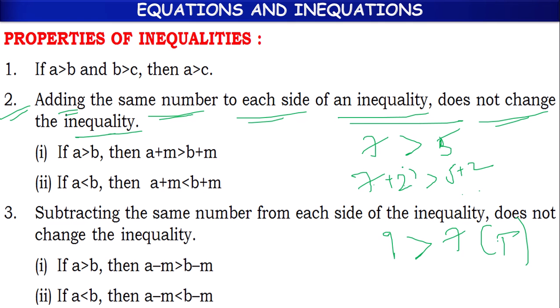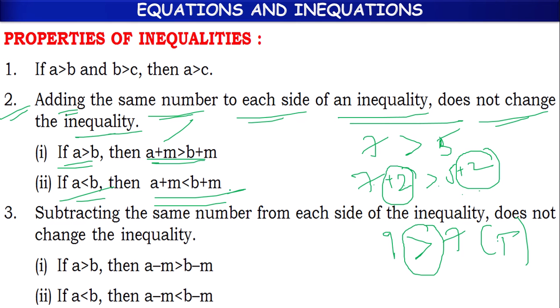It means adding the same number on both sides of an inequality does not change the relation. So if A is greater than B, A plus M is greater than B plus M. Or if A is less than B, we can write A plus M less than B plus M. The relation may be greater than or less than, but the same number can be added on both sides, and still the inequality does not change.